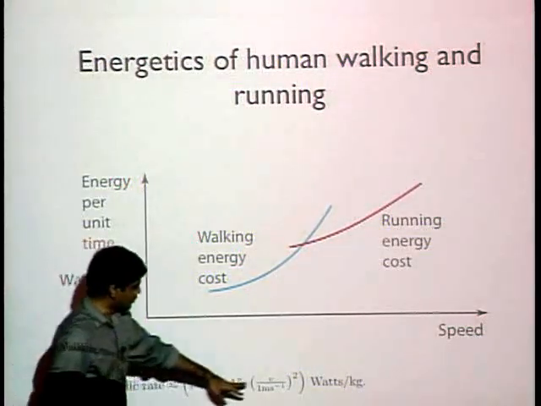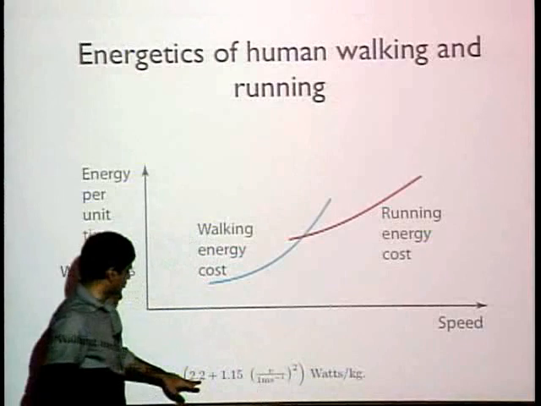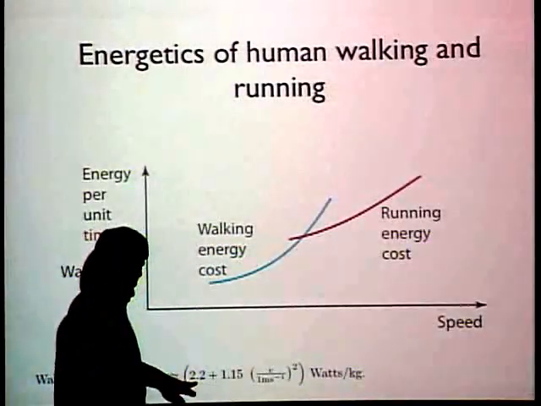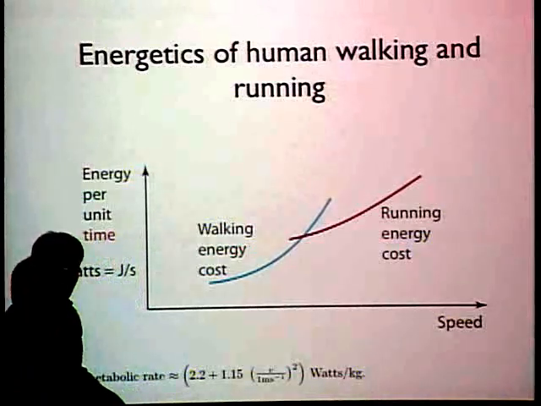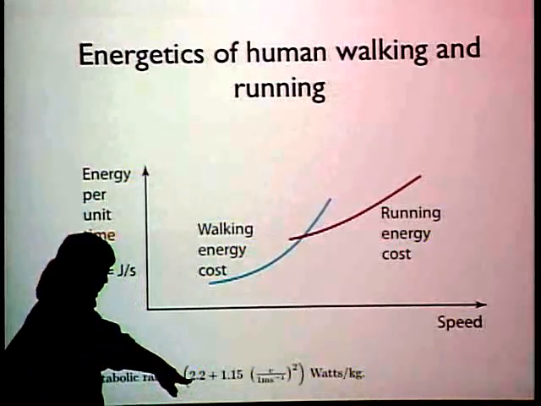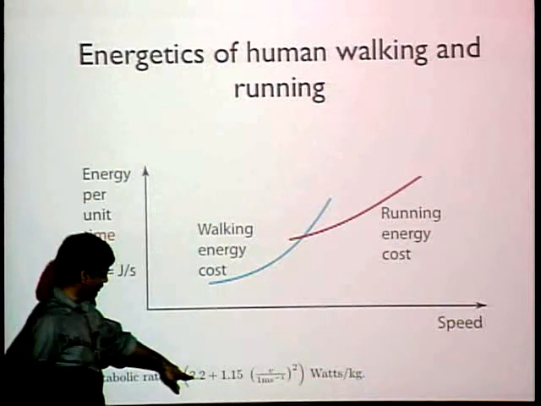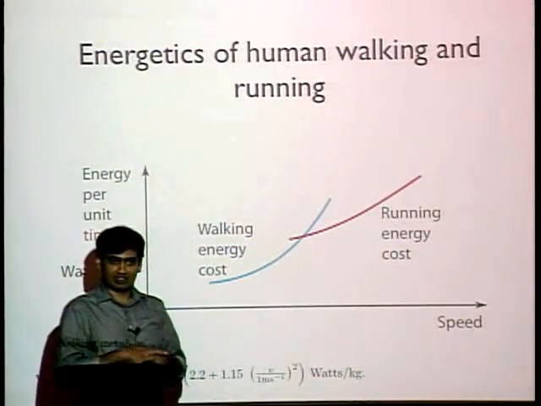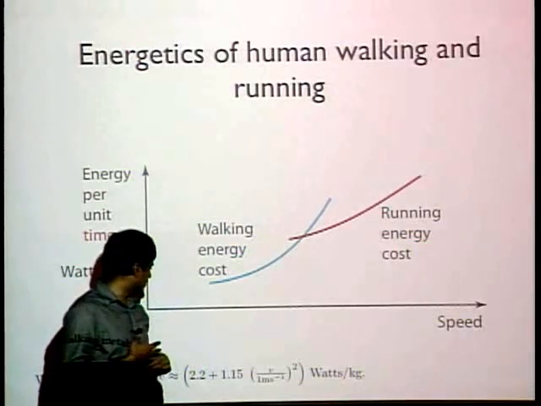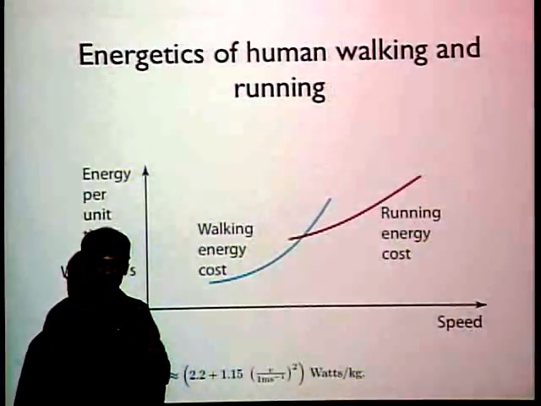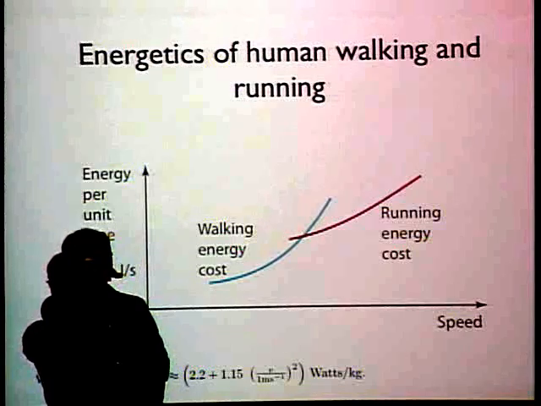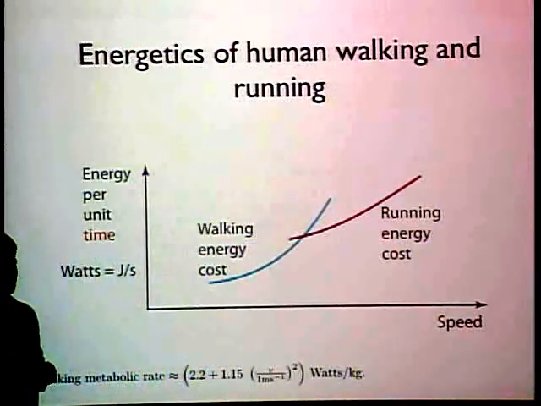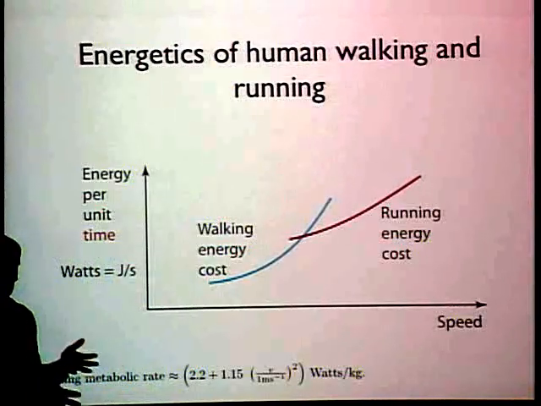It's 2.2 watts per kilogram if you're walking very, very slowly or something like that. If you're just sitting down right now as you are, I think it's about 1 or 1.4 watts per kilogram. So if you're sitting around and you weigh about 60 kilograms, you're consuming about 100 watts of energy. So maybe less than that bulb. I don't know how much that bulb was consuming, but it's a pretty small amount.